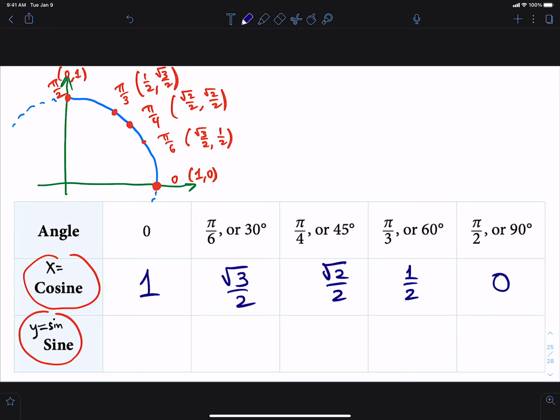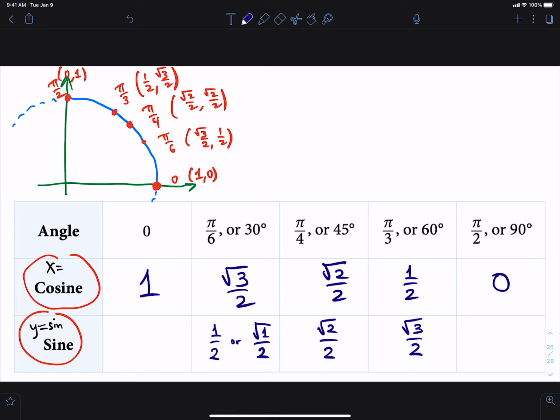And just for fun, I wanted to show you a pattern. The y-coordinate for pi over 4 is root 2 over 2, that's the sine. And for pi over 3, it'll be root 3 over 2. And for pi over 6, it's 1/2. But we could write that as root 1 over 2.